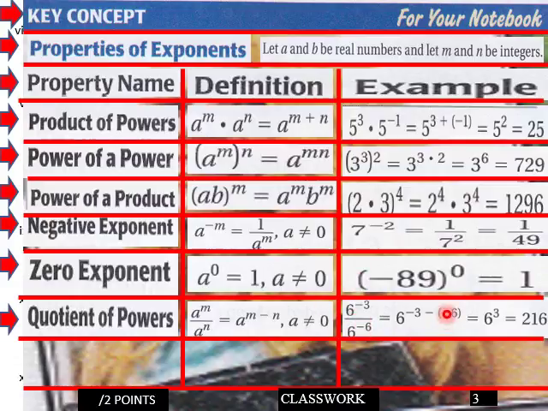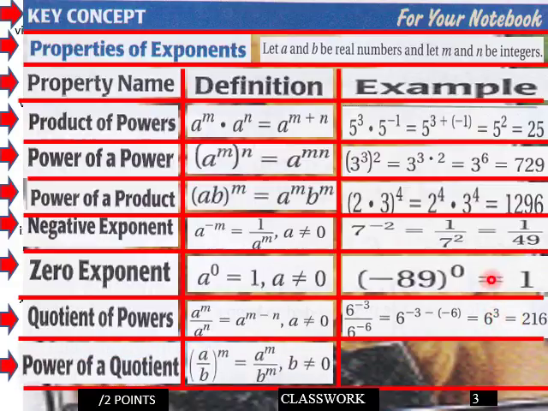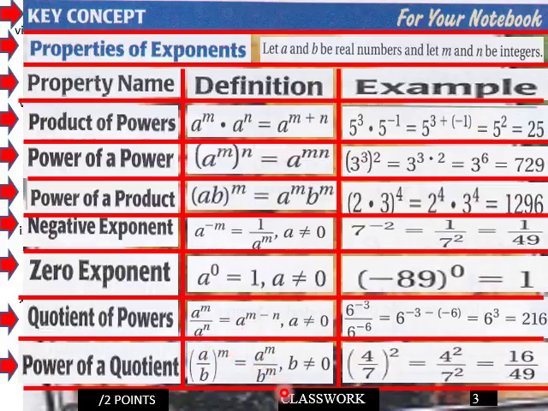Negative 3 minus a negative 6 equals 6 to the third. And then a power of a quotient, a over b to the m, and here is a numerical example. So these are very important properties of exponents for your further mathematical education, students.